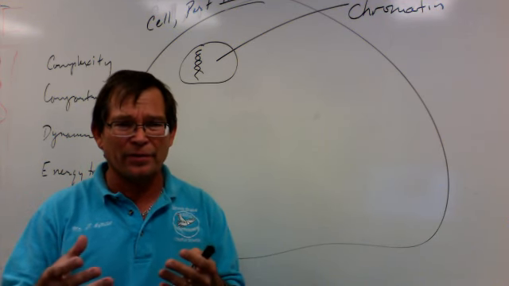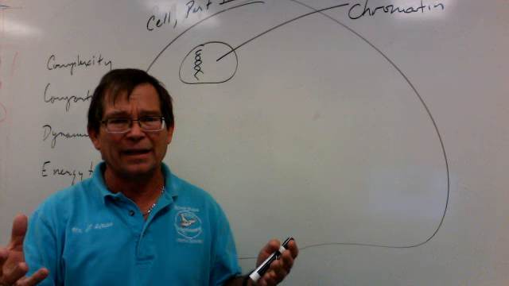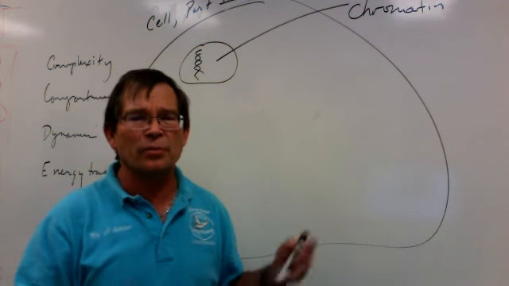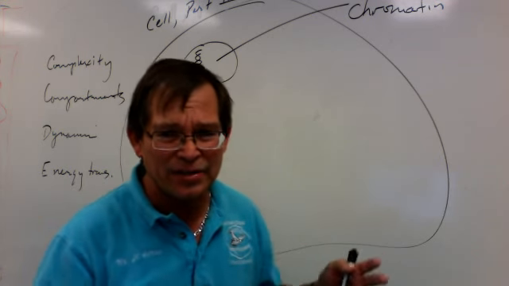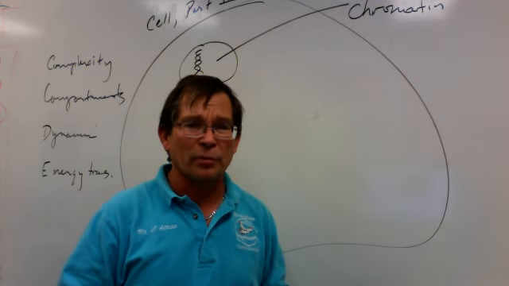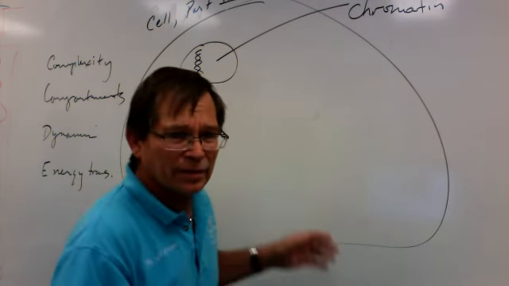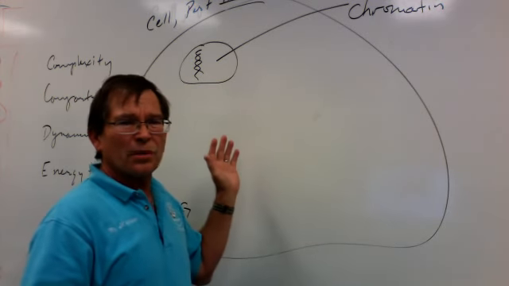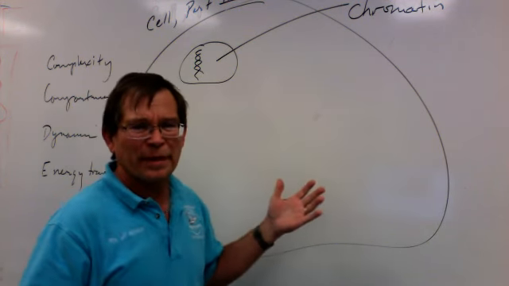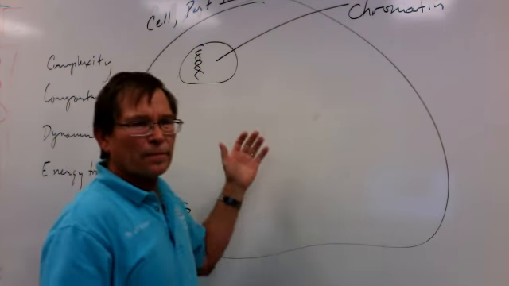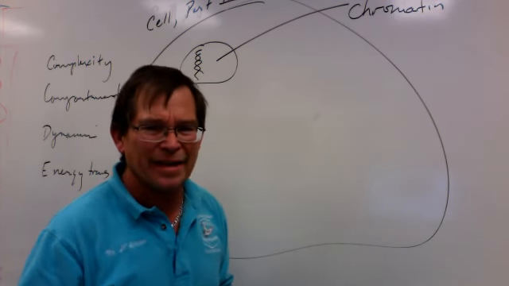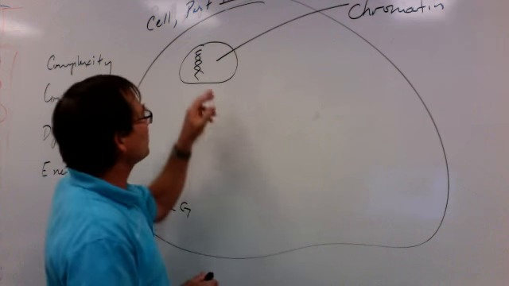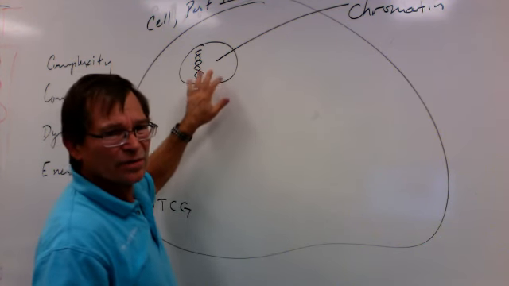It's further wrapped up again and again in a very complex way to form the bodies that are visible during the stages of mitosis that we call chromosomes. But during interphase and during most of the lifespan of a cell, the chromatin is unraveled, so the DNA is exposed to enzymes that are inside the nucleus.